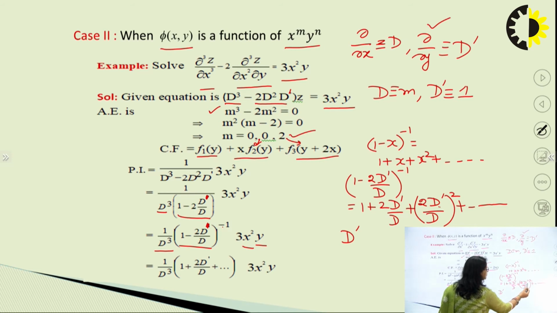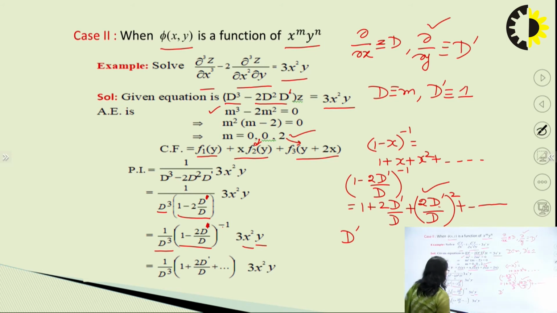That means from this particular term I will get 0 because D dash square will be there in the numerator. So the higher order derivative terms are of no use to me. So I will write only the first term, that is 1, and only the second term, that is 2D dash upon D.